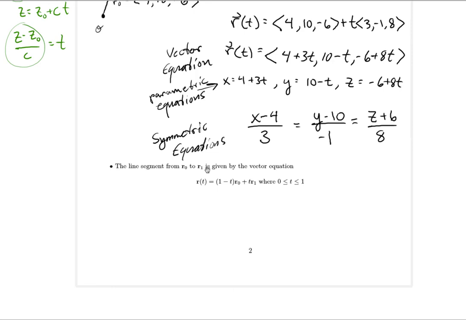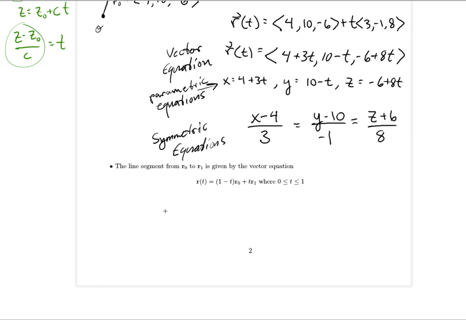This will be something that you will use a fair amount in Calc 4, and that is if you want a line segment only, just a line segment that goes between 2 points, or I guess you could say goes between 2 vectors, then what you can always do is take 1 minus t times the initial vector plus t times the terminal point vector. So here's what I mean by that.